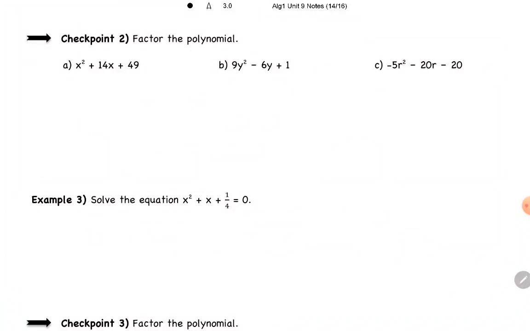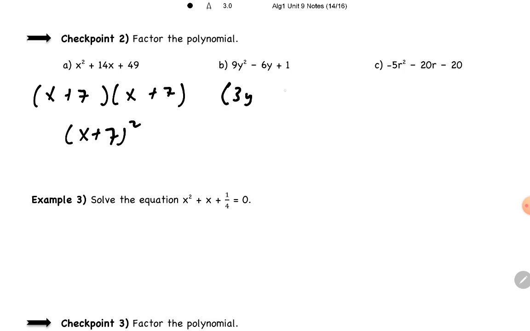All right, let's do some more. Two numbers that multiply to 49 and add up to 14. That's plus 7. Okay, so factors of A would be 3 and 3, 9 and 1.